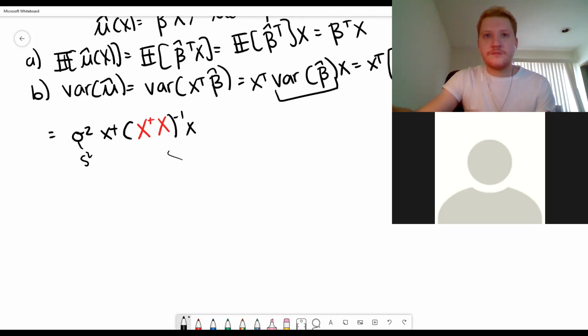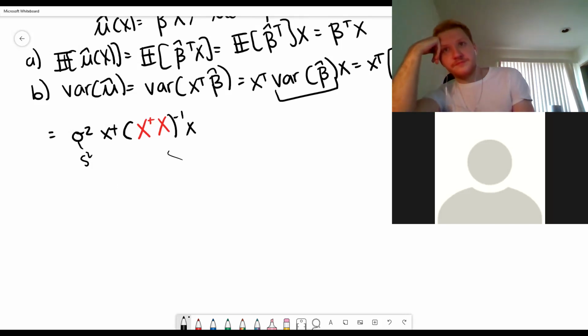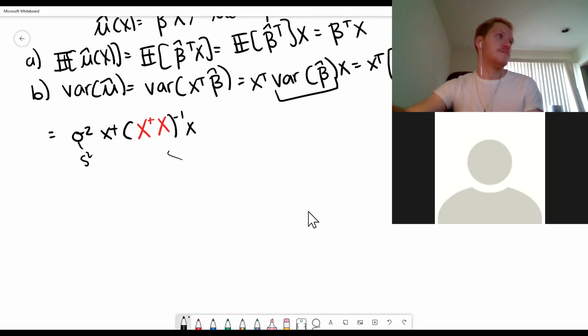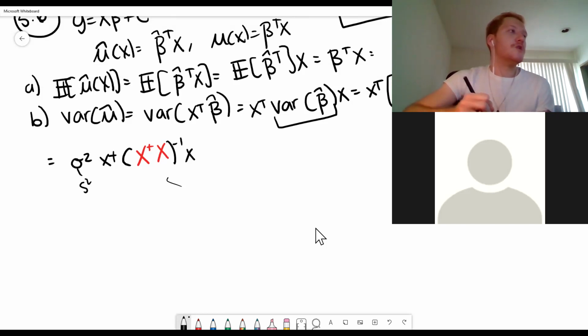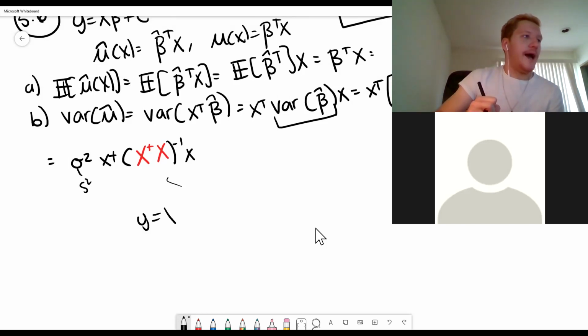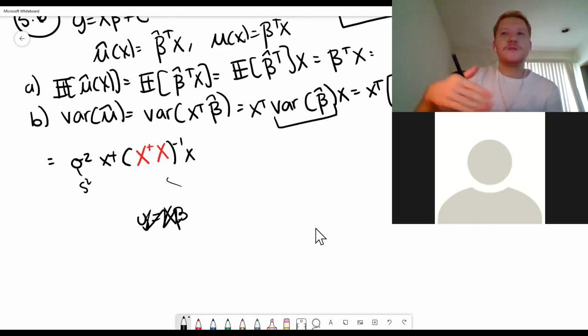Beta transpose x is just the response variable, like the y, right? It's mu hat. So wait, sorry, well, no, this is equal to mu. So like, well, this is for a specific value.